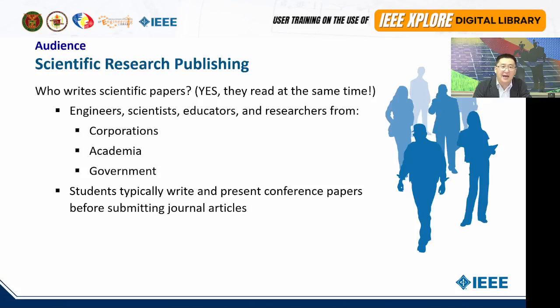Number two, plan ahead. For example, I would like to publish a paper by end of the year, by December. Well, which means you need to find a conference that is happening before December, right? So let's say I found a conference that is happening in November.